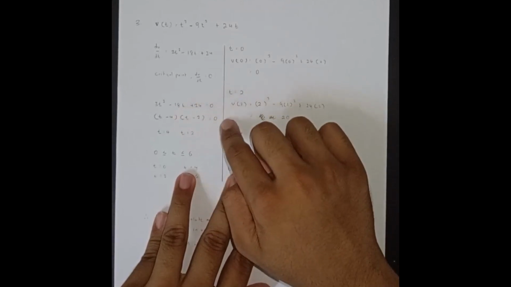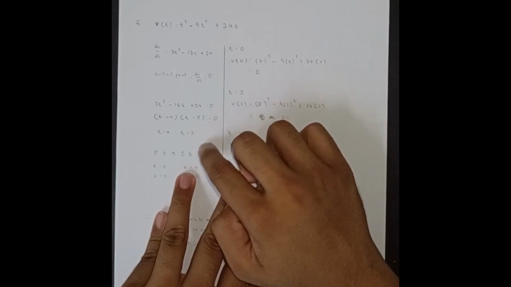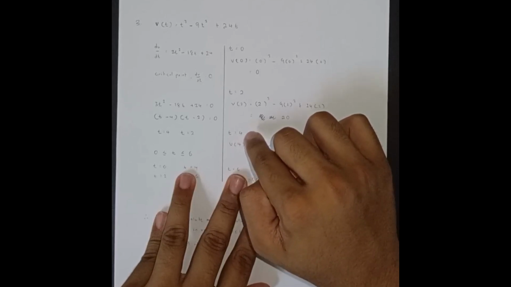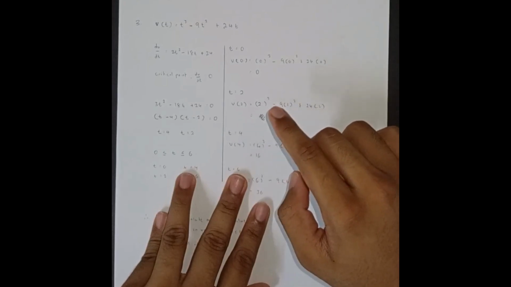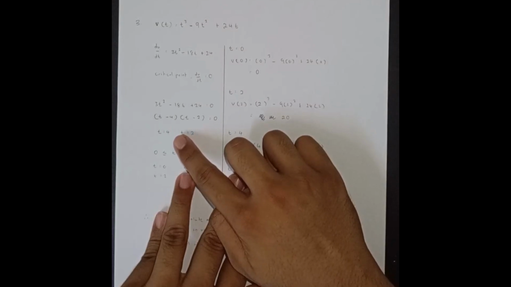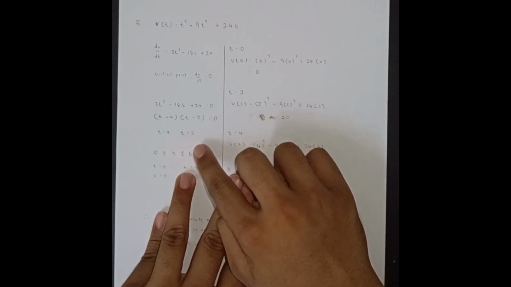So t in this equation represents x as in a quadratic equation, ax squared minus bx plus c. So we get the final t equal to 4 and t equal to 2.